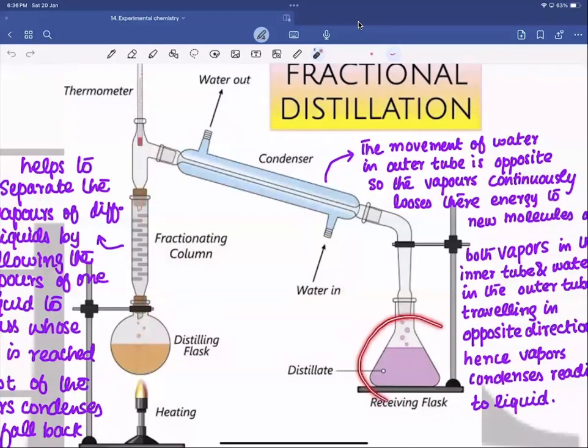Once all the ethanol is collected, the temperature does not remain constant, it starts to rise a little. As soon as it starts to rise, it indicates that all of the ethanol is collected. Now we will remove this container and put another container. So when the boiling point of the other liquid is reached, that liquid starts collecting in the new container. Is this understandable?